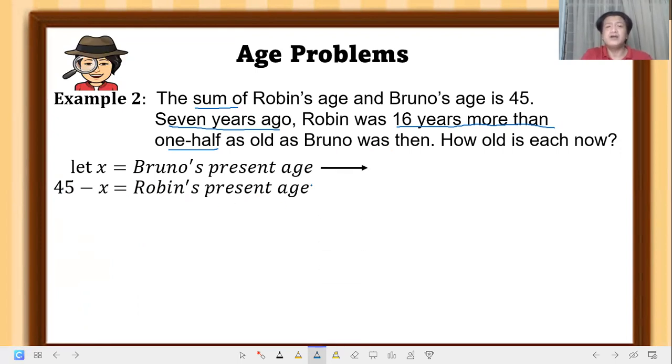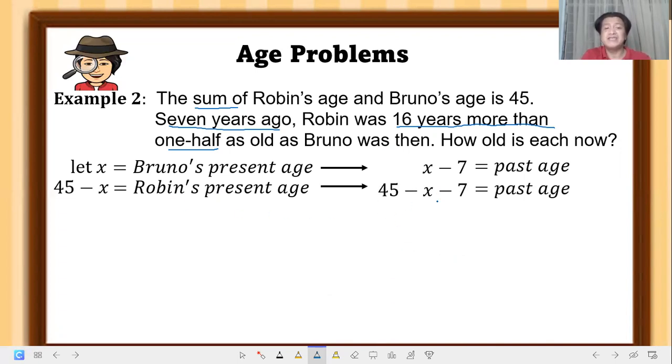And with that, you are going to represent the past age ni Bruno. Since this is 7 years ago, i-represent mo yan na x minus 7. At si Robin's present age naman, that is simply, the past age is 45 minus x minus 7. Sinubtract natin ng 7 kasi nga 7 years ago.